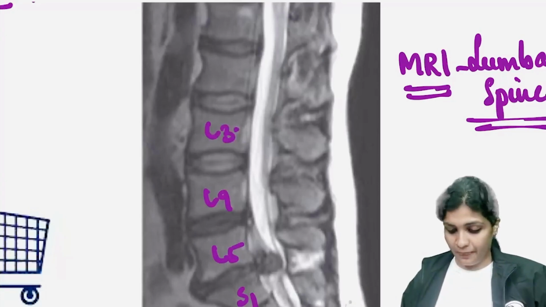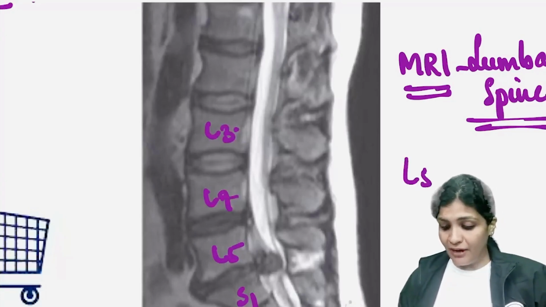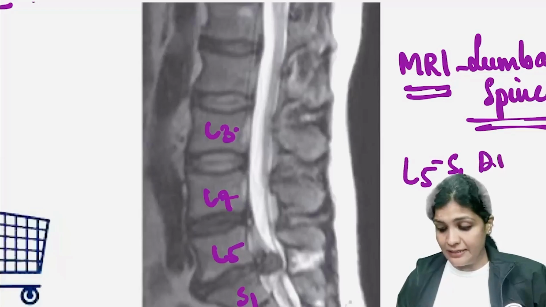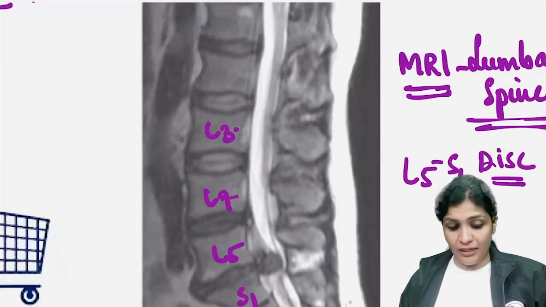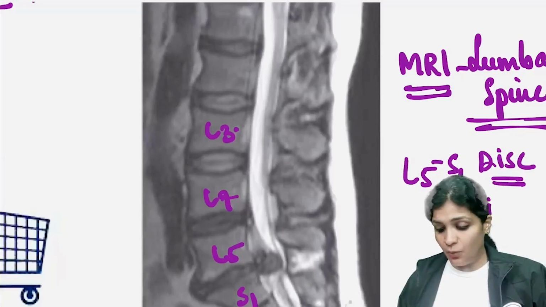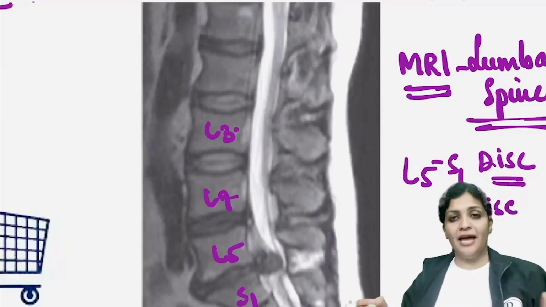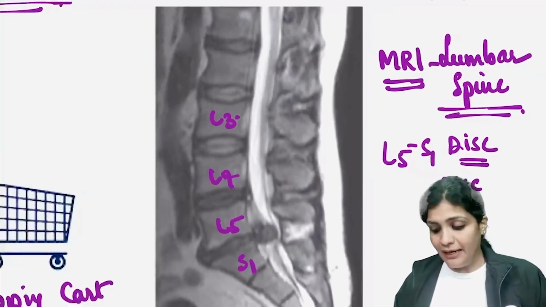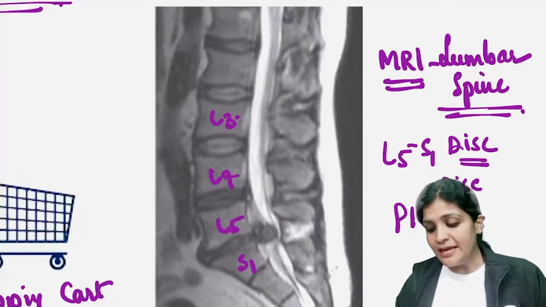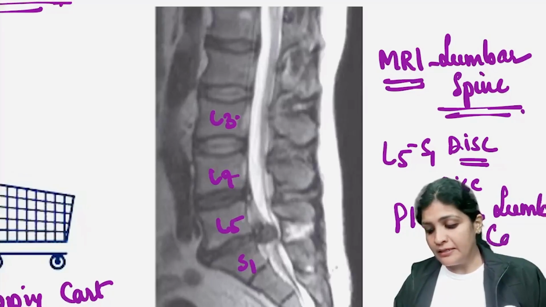Right? So here what happened is, between L5 and S1 there is a disc. And if you see, the disc has bulged out, and this disc is compressing the nerves on the posterior aspect. So this is an example of prolapsed intervertebral disc, which is resulting in lumbar canal stenosis.